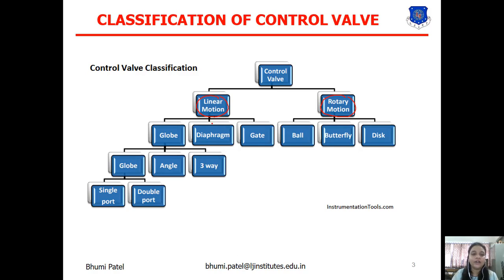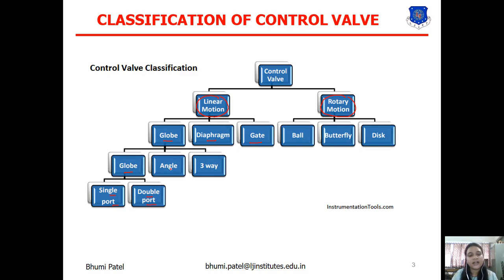In the linear motion we have studied three types of valve: globe valve, diaphragm valve and gate valve. The globe valve has sub-types: single port globe valve and double port globe valve.